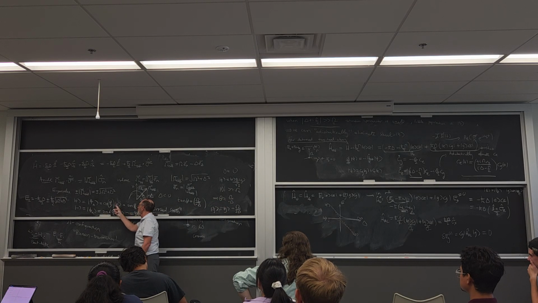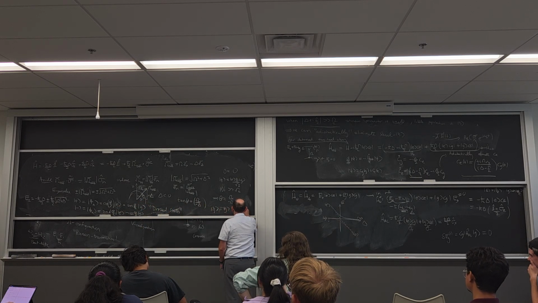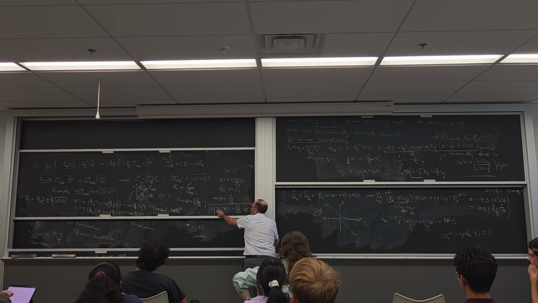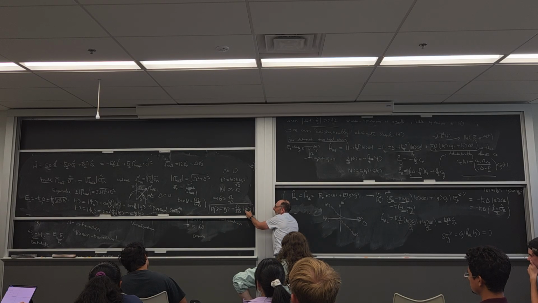So cosine is approximately 1 and sine is approximately theta over 2. This is the perturbed ground state. The perturbed ground state has a little bit of excited state superposed in.